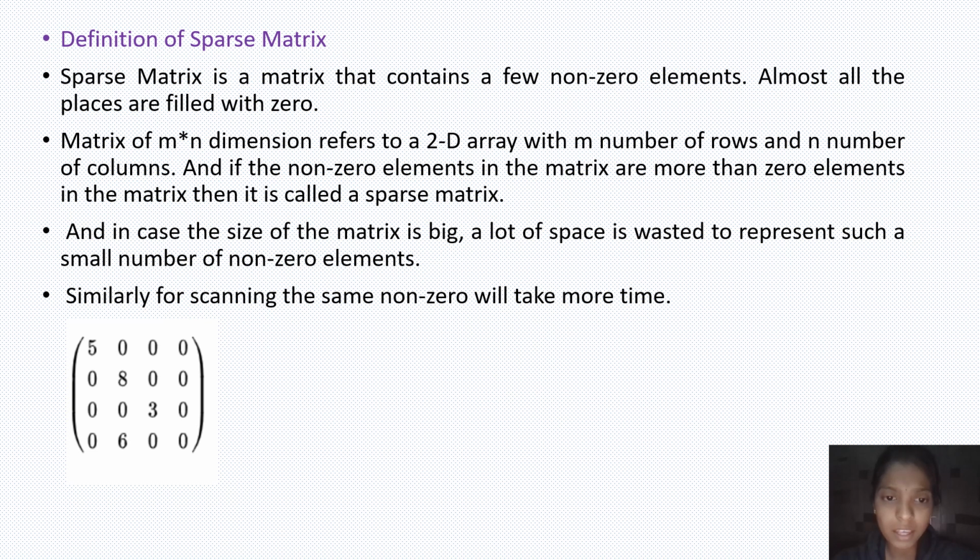If the size of the matrix is big, a lot of space is wasted to represent such a small number of non-zero elements. Similarly, scanning the non-zero elements will take more time. The example for the sparse matrix is a 4 by 4 matrix: 5 0 0 0, 0 8 0 0, 0 0 3 0, 0 6 0 0.